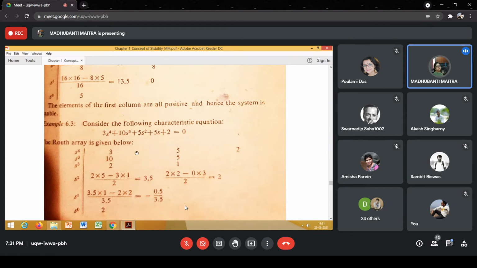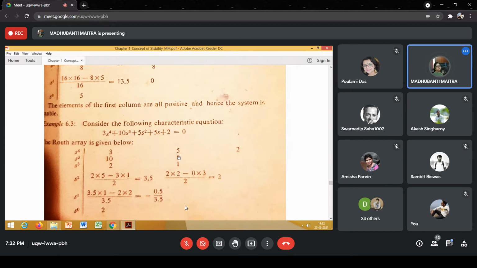Similarly, if required, you can multiply all the terms of a row by a common factor. Suppose the elements of a row are something like 0.5 and 1.5. Then we can multiply these two terms by 2, and we get the same row having new coefficients, which will be 1 and 3.